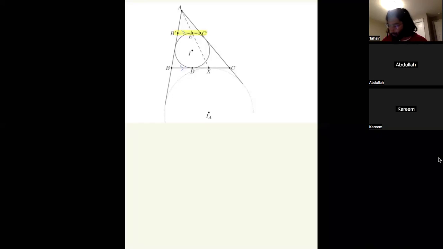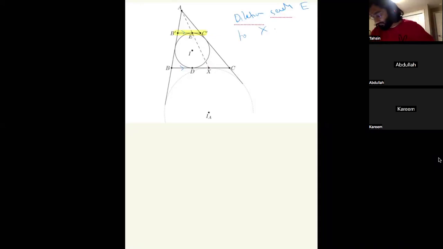And then they're saying that the intersection point X and A are collinear, because the dilation sends E to X. Does it make sense? Yes. So this is the key idea, right? The dilation sends E to X.